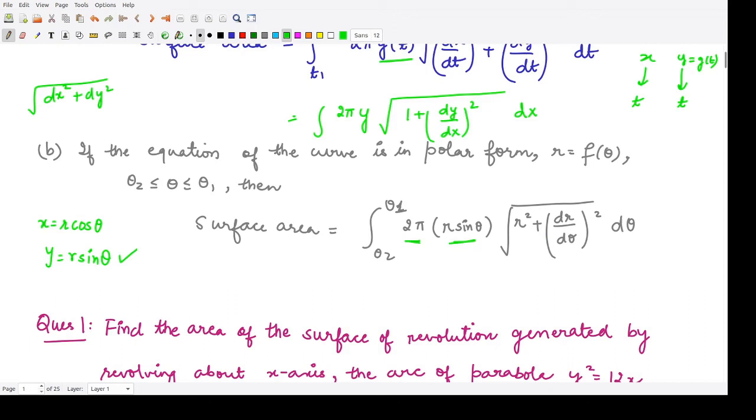And this expression now becomes square root of r square plus dr upon d theta whole square, into d theta. When you differentiate x with respect to theta, you will have this expression, and when you differentiate y with respect to theta, you will have this whole term present over here. So this is the formula to calculate the surface area when the given curve is in polar form.